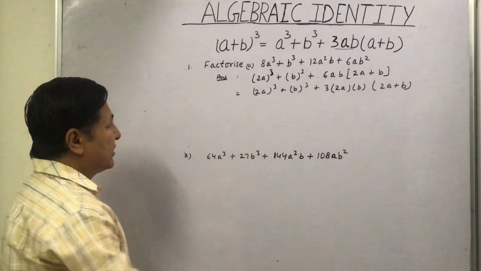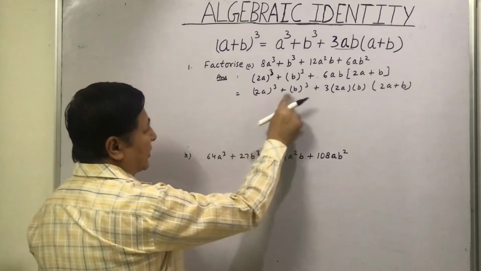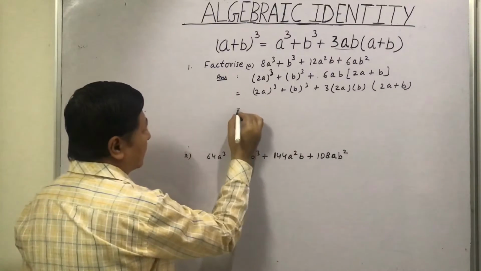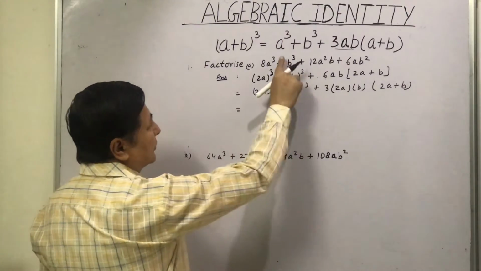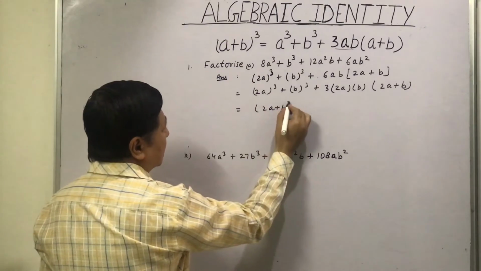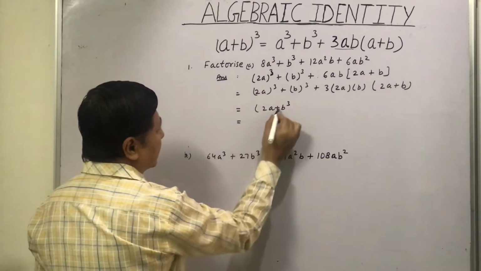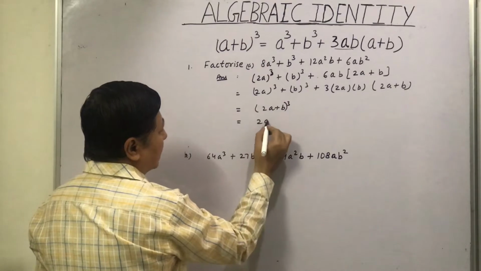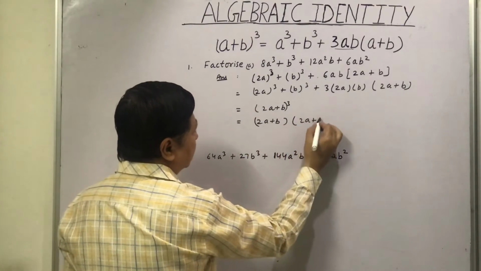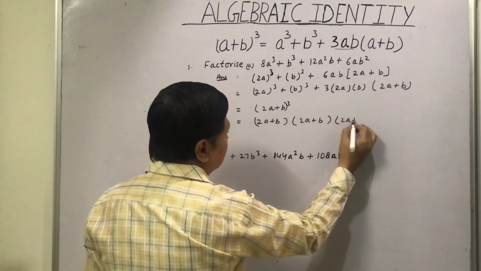Now we can see this is a cube plus b cube plus 3ab(a plus b). So now that will be equal to (a plus b) whole cube, that will be equal to (2a plus b) whole cube. So it can be written as whole cube, so (2a plus b) three times: (2a plus b)(2a plus b)(2a plus b).